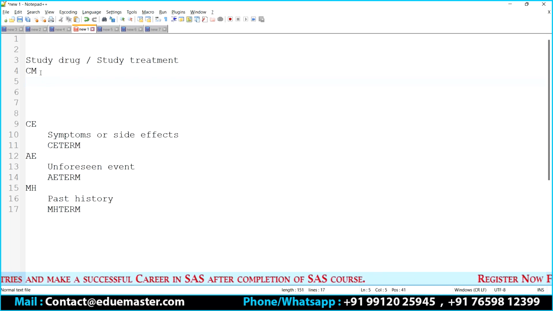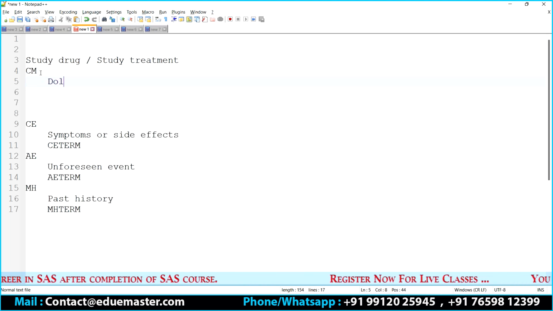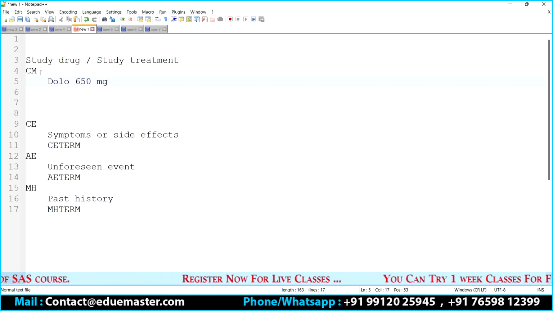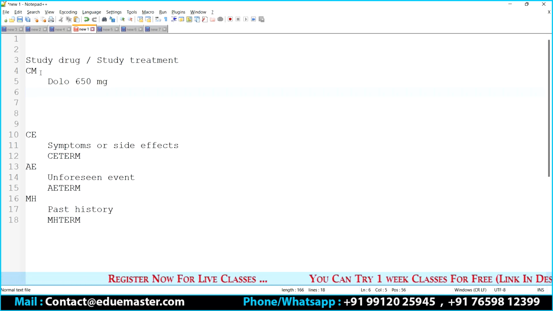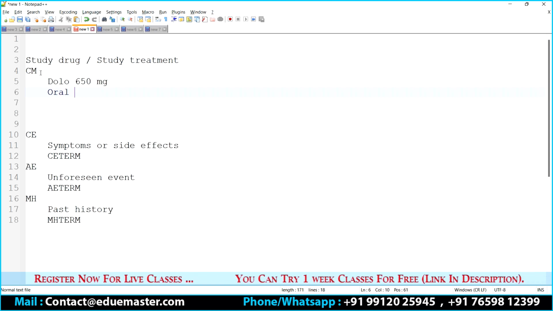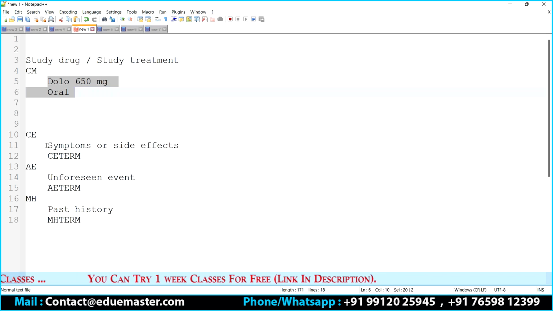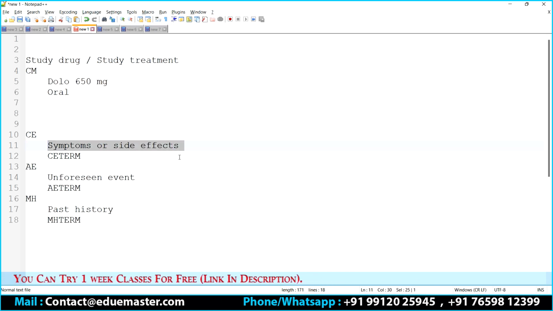The patient has taken a Dolo 650 mg tablet, orally. Why has he taken that? Because of the side effect of your vaccine. Where does that get recorded? Under the clinical event.